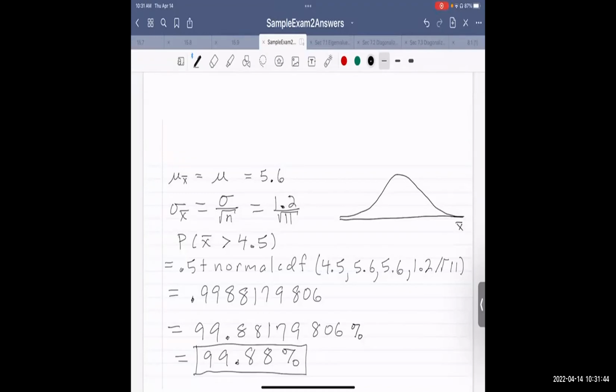I want to find the probability that the sample mean is greater than 4.5.